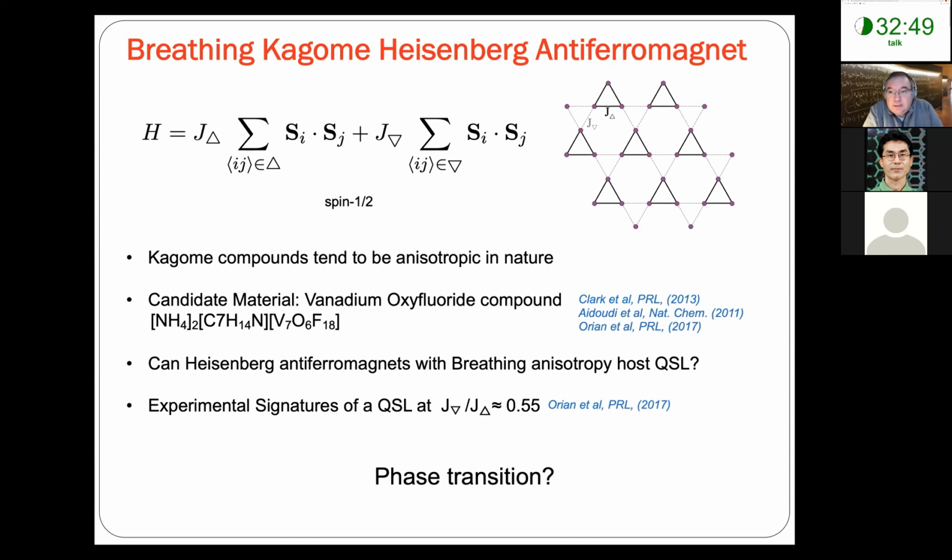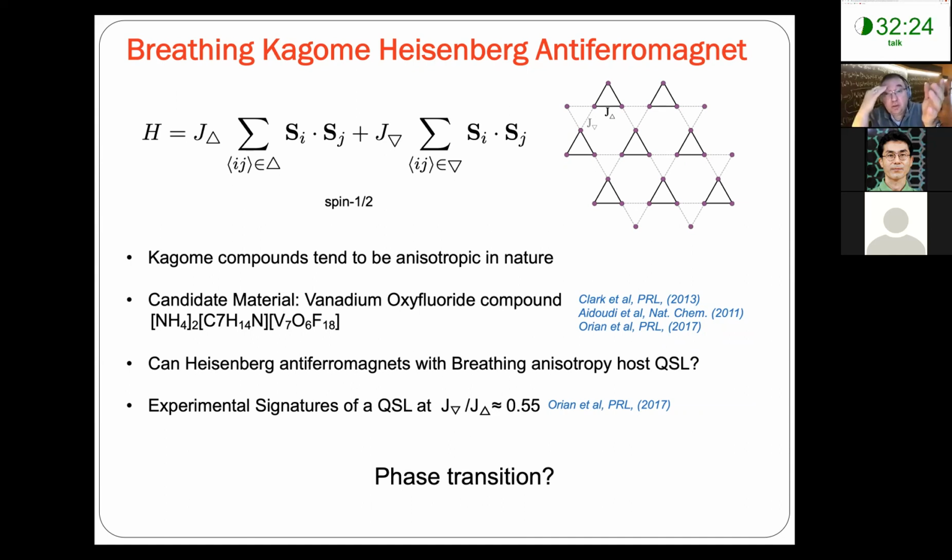Well, the point is that, yes, in nature, there are experimental signatures of a quantum spin liquid at this value of the anisotropy, J down over J up around 0.55. So this is a pretty strong breathing anisotropy already. This is the breathing Kagome lattice, and it looks like it's a quantum spin liquid. So of course, we would like to understand how large this quantum spin liquid phase is.